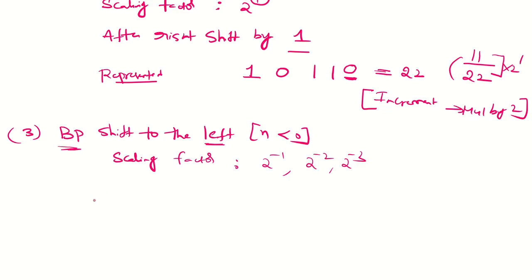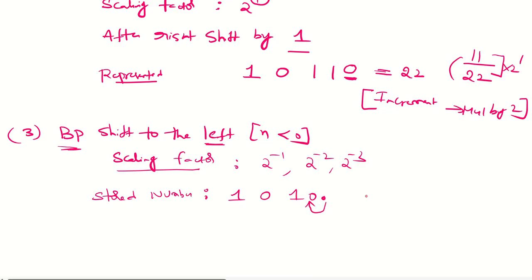Suppose the stored number is 1010. What is happening when you shift towards the left side with the help of the scaling factor? Right now the base point over here can be shifted by one position. This point is shifting over here.